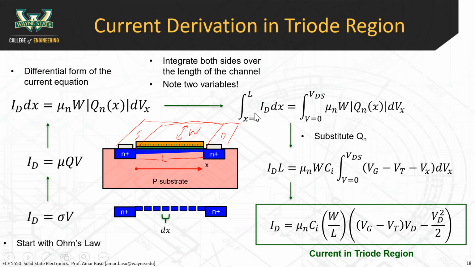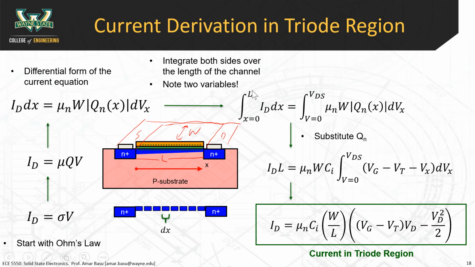So now we integrate both sides, from the left side of the channel, where my mouse is, to the right side of the channel, because this differential component dx is in the x direction. We want to integrate over a range of x from x equals 0 to x equals L in order to figure out the complete relationship between current and voltage.